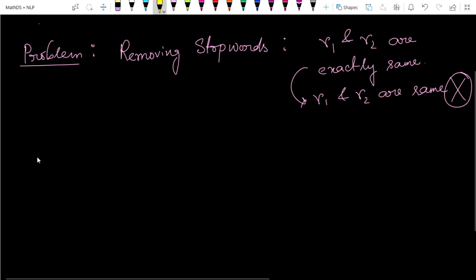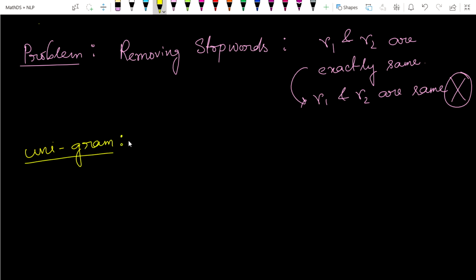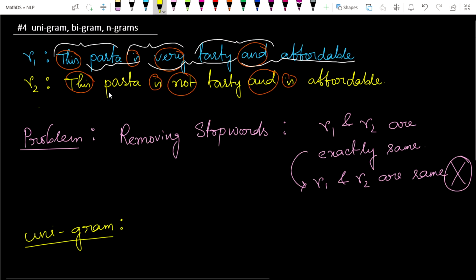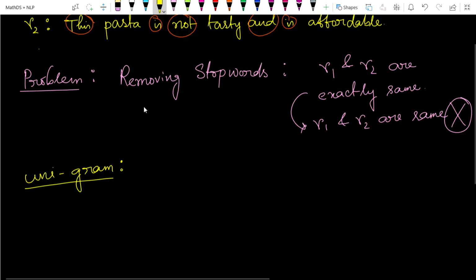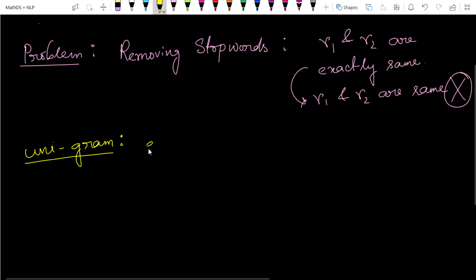So a unigram means that we will consider each word as a single dimension.